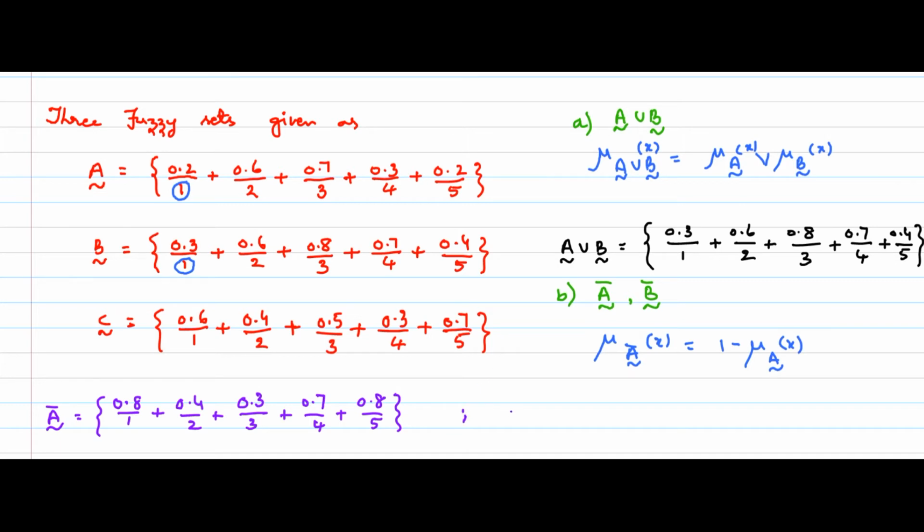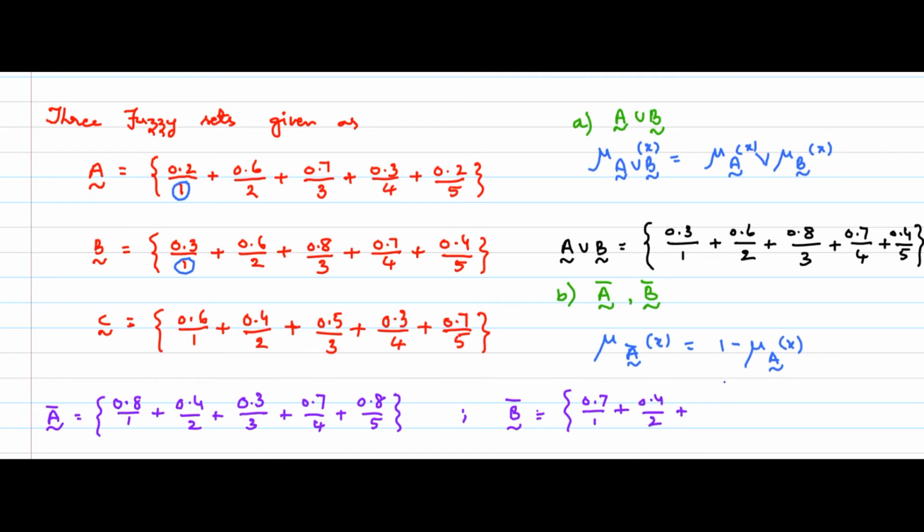Similarly, let me go ahead with the B bar also. So which is equal to 0.3, so it should be 0.7 by 1, so 1 minus 0.3. Similarly 0.6, so 1 minus 0.6 is 0.4 by 2.